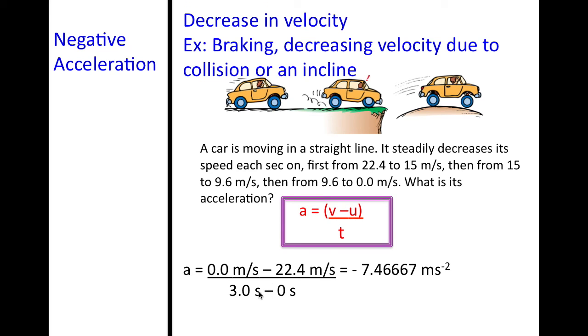So 3 seconds minus 0, which is pretty much just the difference. It's just 3 seconds. And that would give us a total of negative 7.4667 meters per second squared, which, when you take into account sig figs, would be 7.5 meters per second squared.